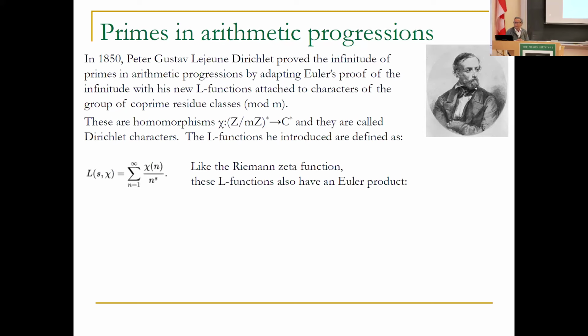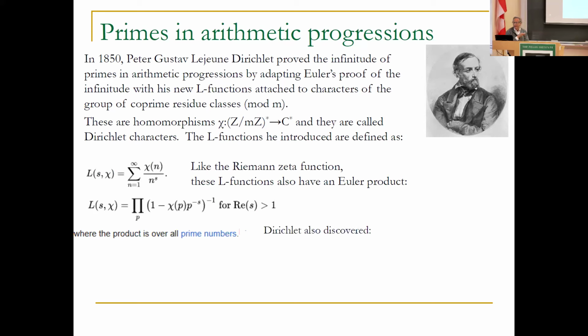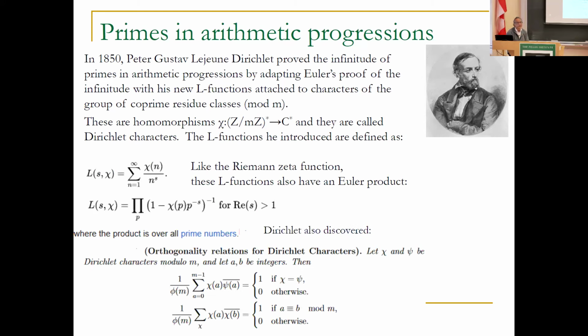And just like the zeta function, there's an infinite product over primes because of the multiplicative property. Dirichlet discovered these orthogonality relations, which we now teach as part of a basic course in group theory. But the motivation for this discovery was the problem of trying to understand primes in arithmetic progressions.